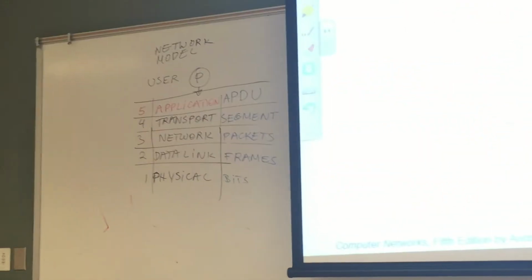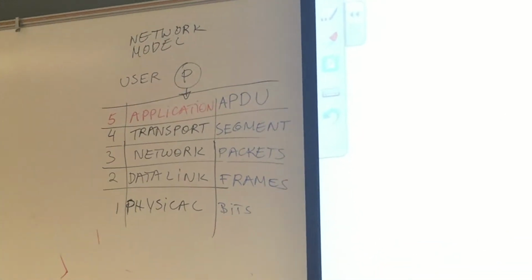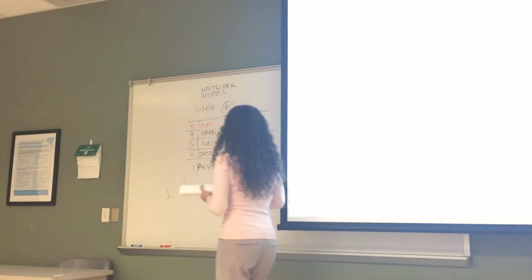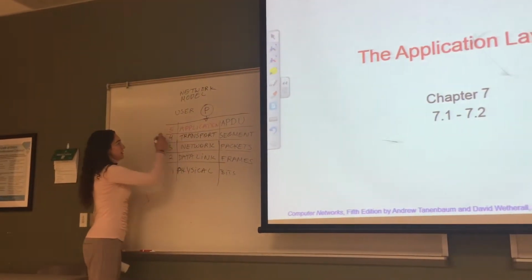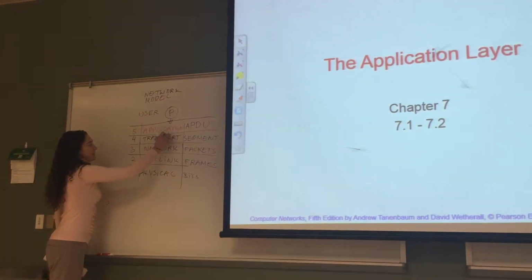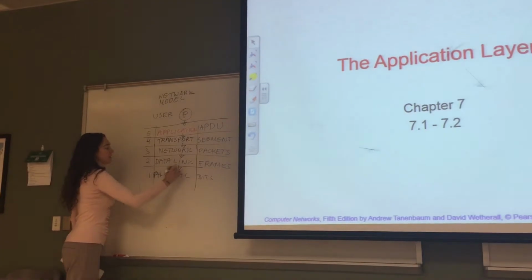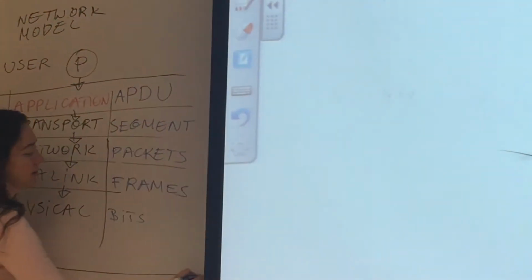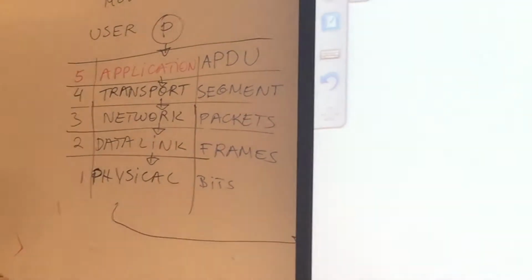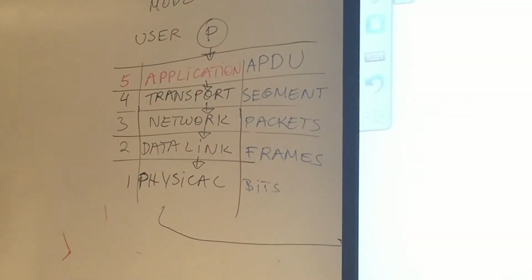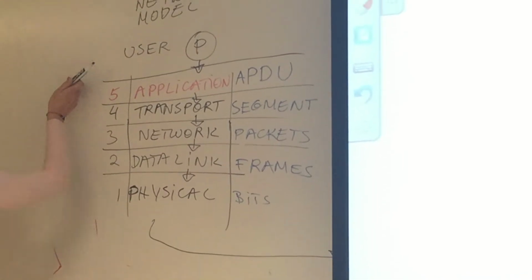When the application layer gets the data that needs to be sent, it passes it down to the transport layer, to the network, to the data link, to the physical, until it gets on the physical wire or through the air and reaches the destination machine.